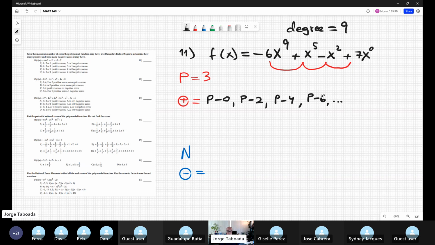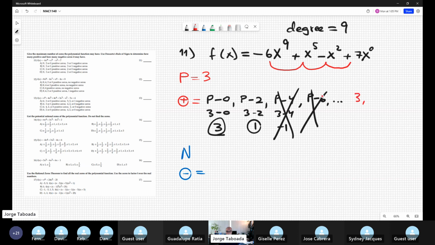So P is 3. 3 minus 0 is 3. 3 minus 2 is 1. 3 minus 4 is negative 1, no sense. I take 3 and 1. It's exactly the same right here, 3 and 1. Make sense? Now it's clear?